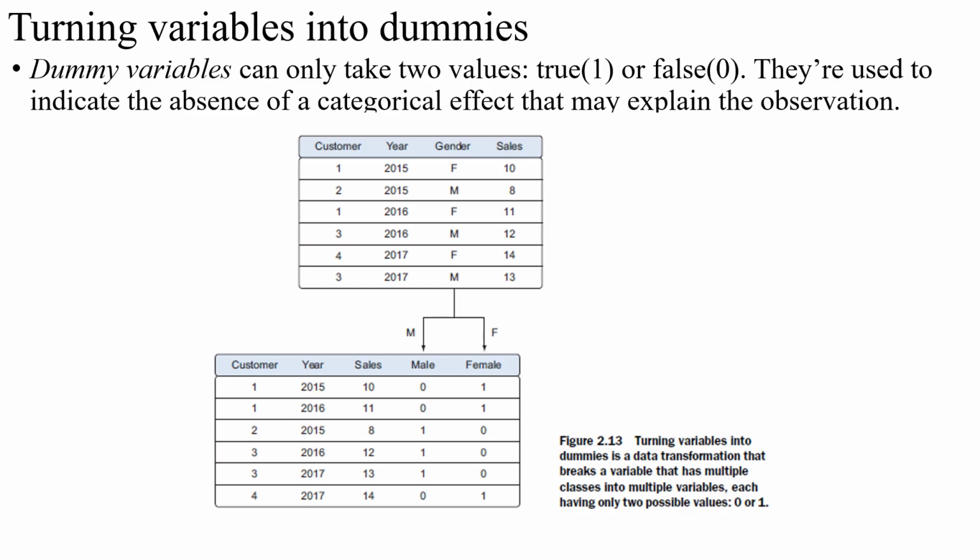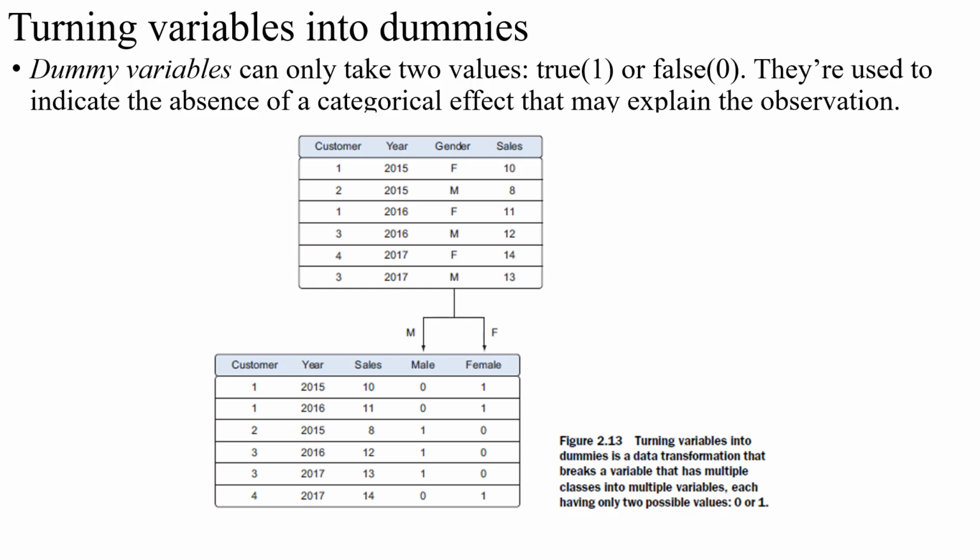Next, turning variables into dummies. In this table, in 2015, the female made sales of 10. In the same year, we can combine the male data here.